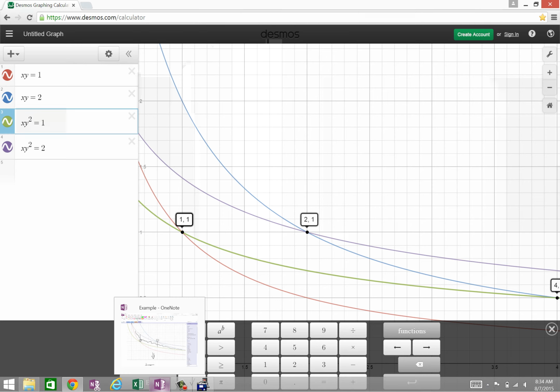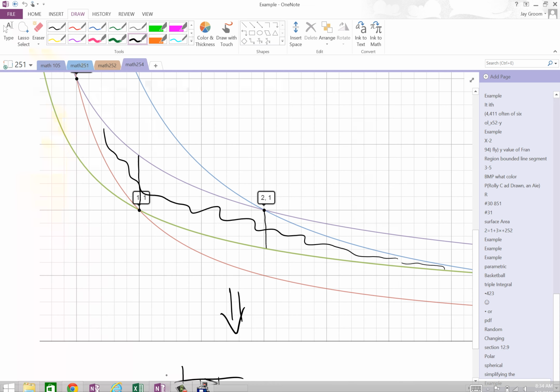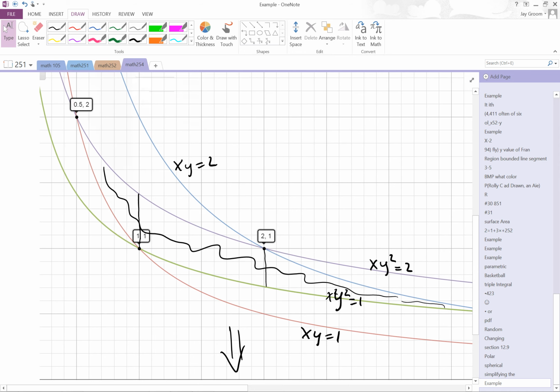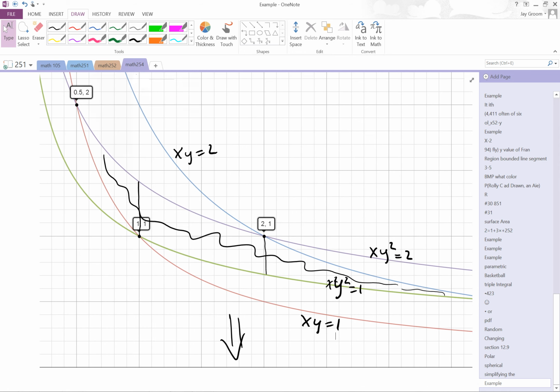Purple is xy squared equals 2, and then xy squared equals 1, and then, well, this is easy, that's xy equals 2, xy equals 1. Okay, so from here to here, which is from 0.5 to 1.